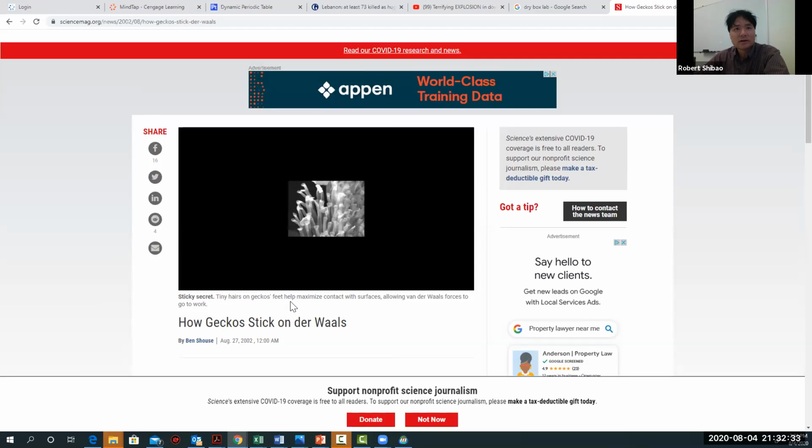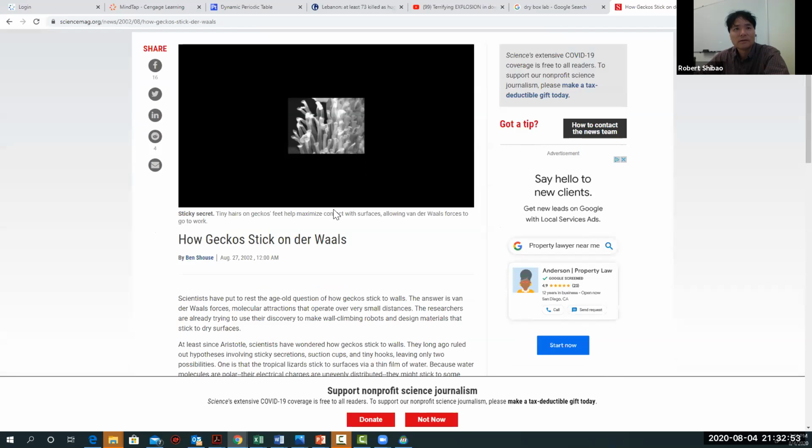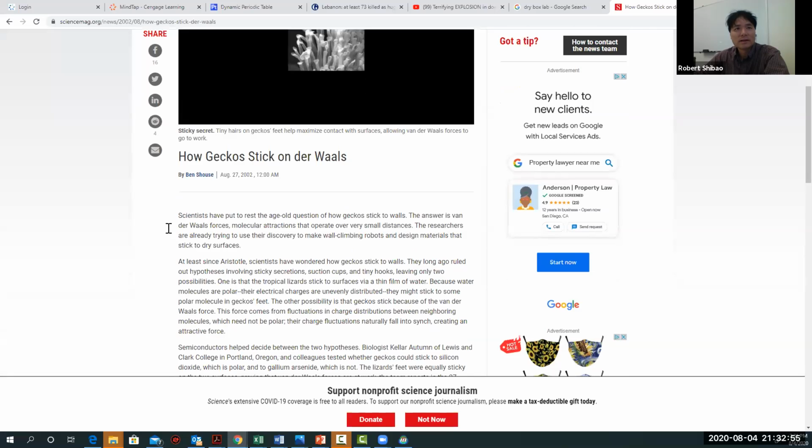Tiny hairs on geckos' feet help maximize contact with surfaces, allowing van der Waals forces to go to work. Van der Waals forces are just electrical interactions between these tiny hairs. And so there's just electrical attraction between the lizard's feet and the walls. And so this is a long-standing question.